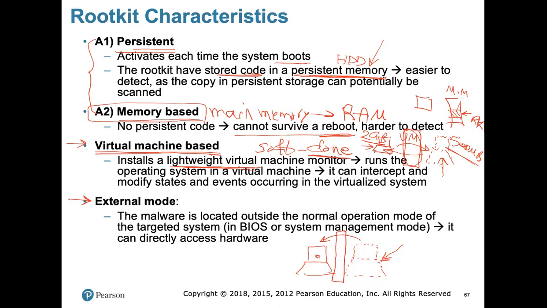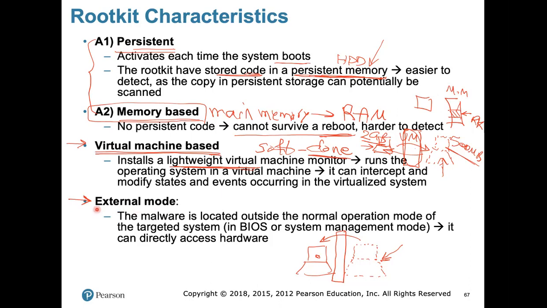You have the user's program and the user's data here. You want to transfer it here. At least one reboot is required. So that's why I say virtual machine-based rootkits, of course, fall in the category of persistent rootkits.